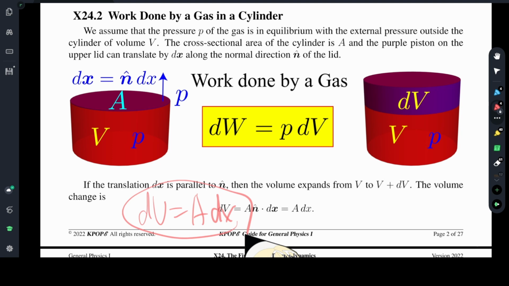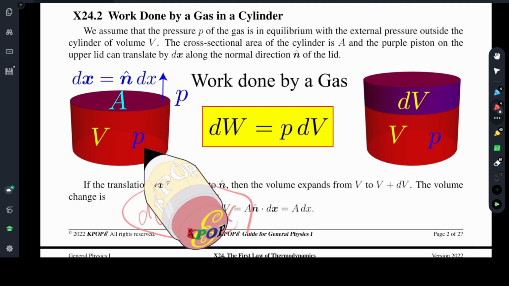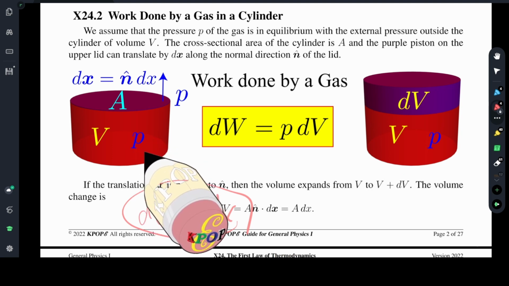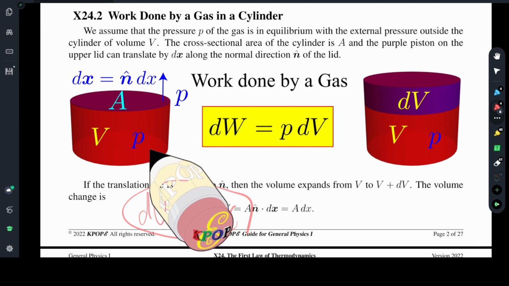But for this kind of very tiny amount relative to the large scale amount of air, it is almost constant. So we assume the pressure inside this container is fixed to be P.